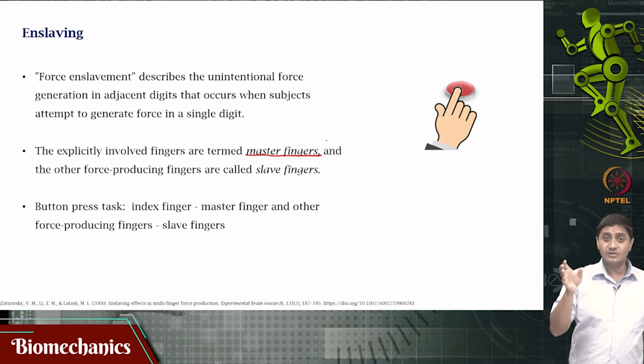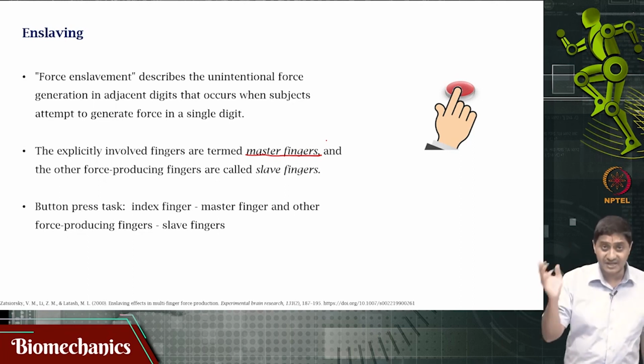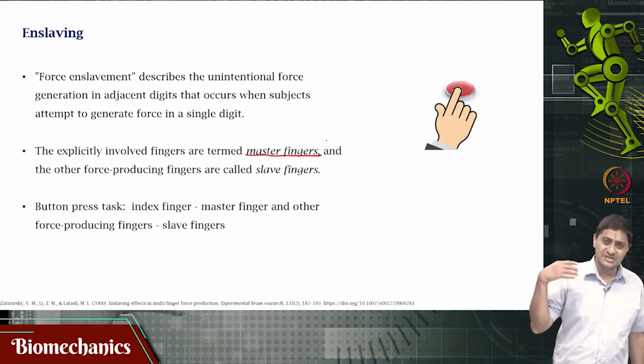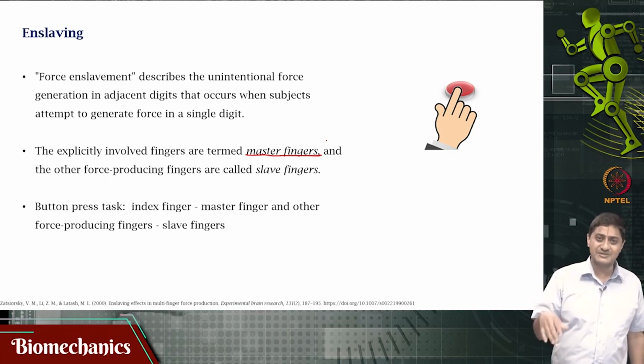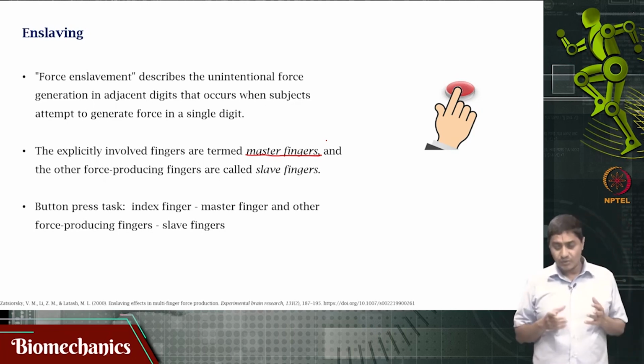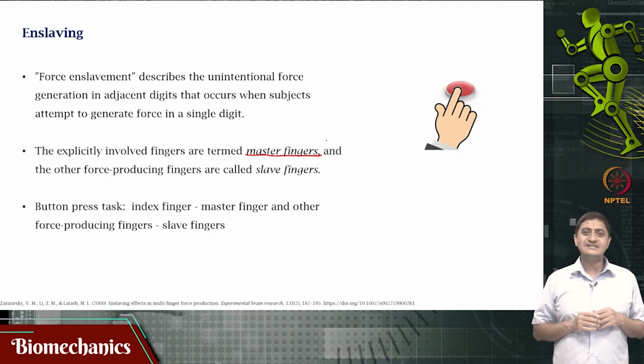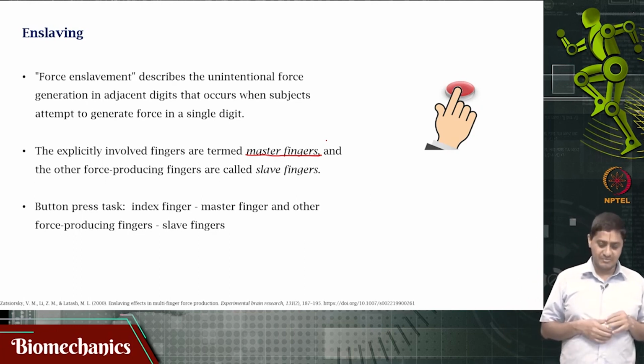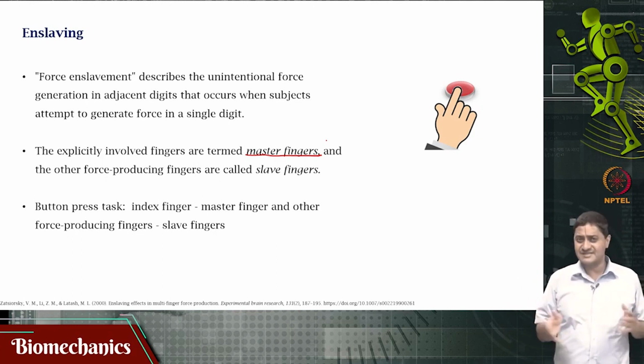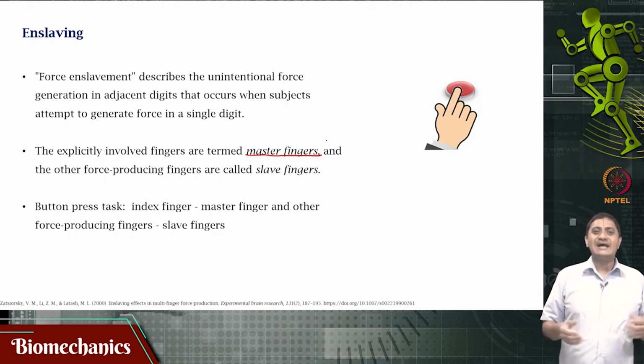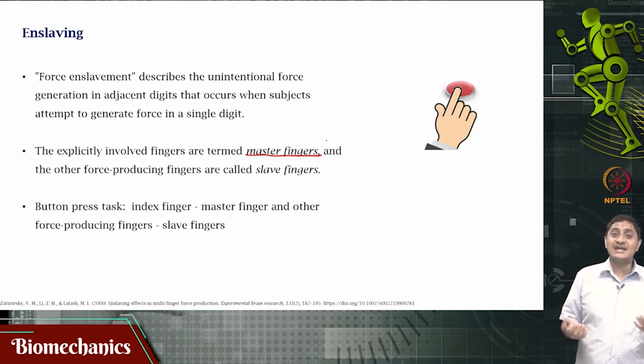In particular, don't stop them from doing what they are doing. Don't also explicitly produce a force, don't also explicitly involve them. Now, this is a relatively challenging task to perform. Actually, the task itself is easy, but this is a relatively challenging experiment to perform.